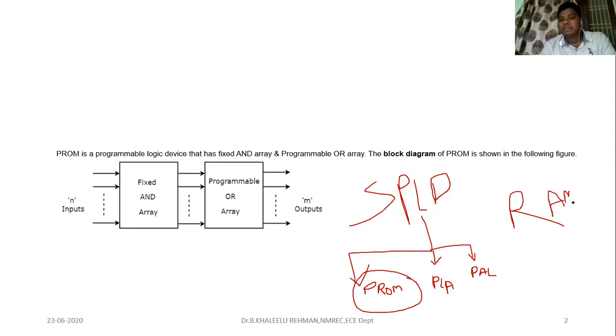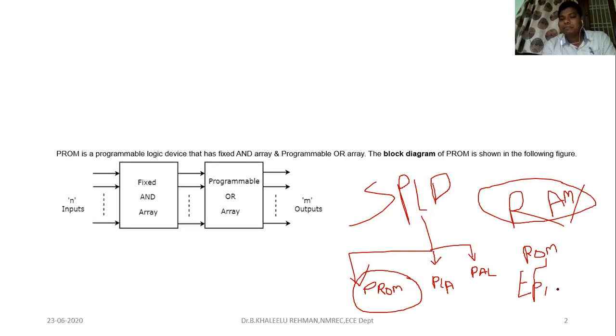RAM is temporary, and ROM is permanent; it is stored permanently. And in the ROM we have EPROM, electrically programmable read-only memory, and then we have EEPROM. Instead of one E, we have EE. EE stands for electrically erasable programmable read-only memory. These are all the memories.